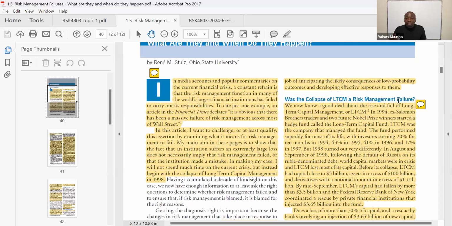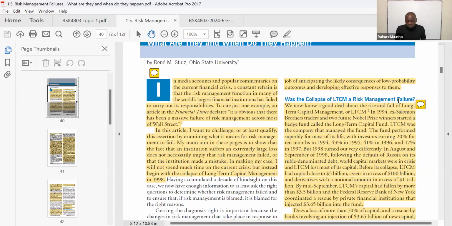Even though it has a low probability of materializing, the most important thing is, if it does materialize, what are the implications on the going concern of the organization? How is it going to affect the going concern of the organization? And this is what they are trying to demonstrate when they look at the case study of LTCM.